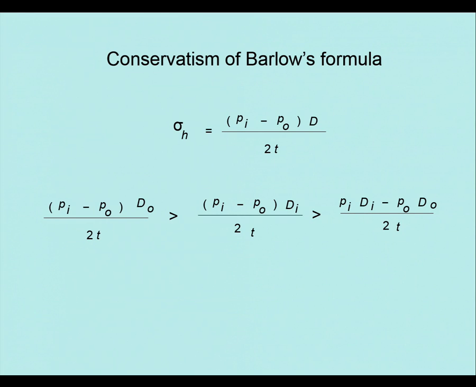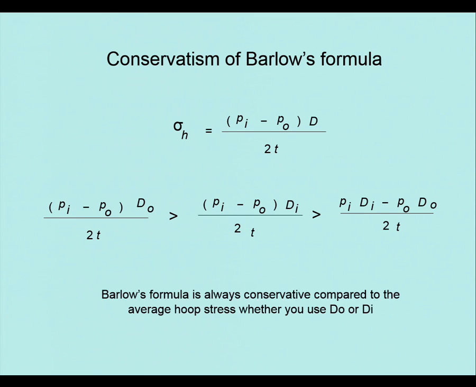Now, if you take all the versions of the formula, whether you use the one on the left, which is the Barlow form, but use the DI, or you do it as shown, where you are actually working out PI times DI minus PO times DO over 2T, what you find is that Barlow's formula, which is the top one, will always give you the highest stress.